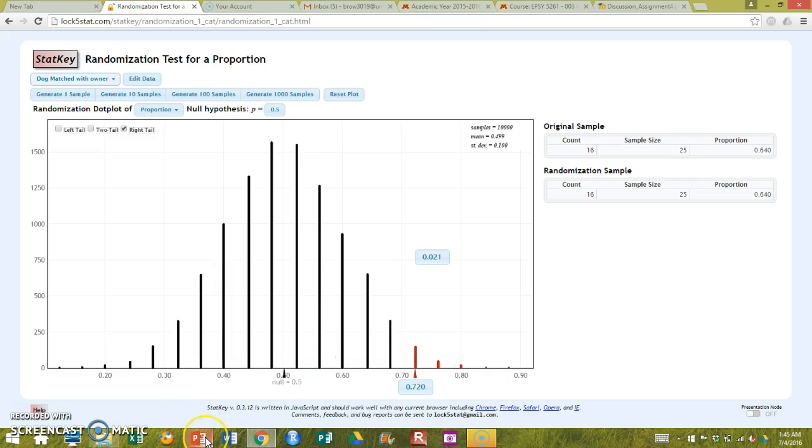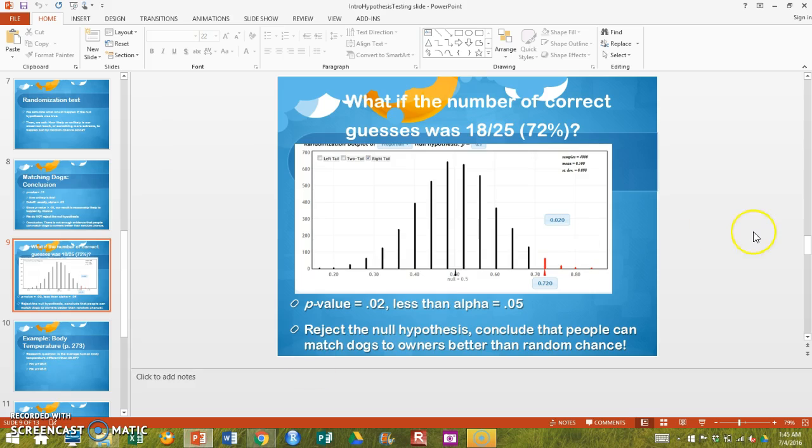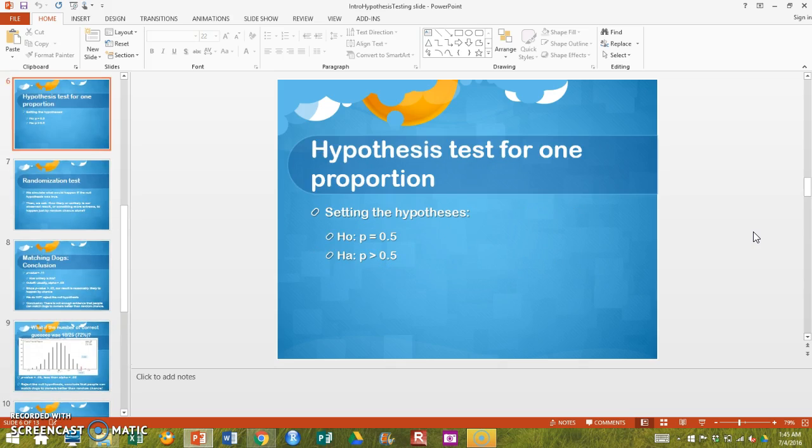And since 0.02 or 2% is pretty unlikely and is less than our statistical significance likelihood threshold level of 0.05, we can reject this null hypothesis.